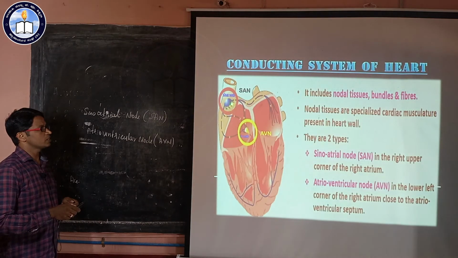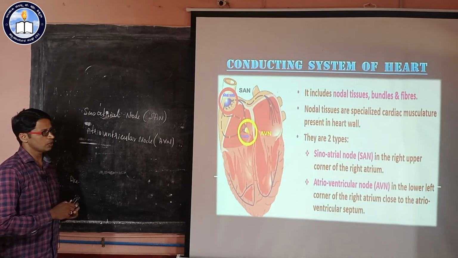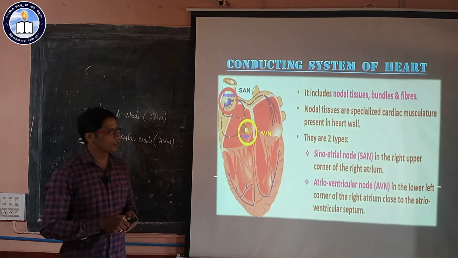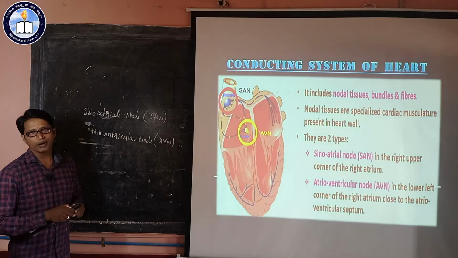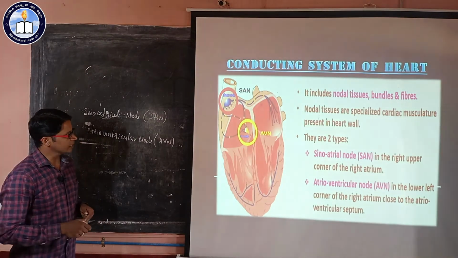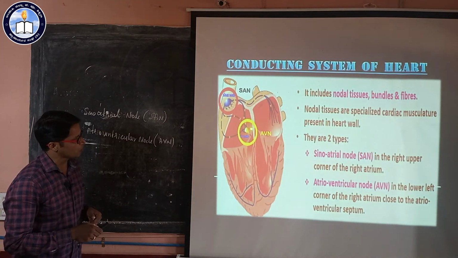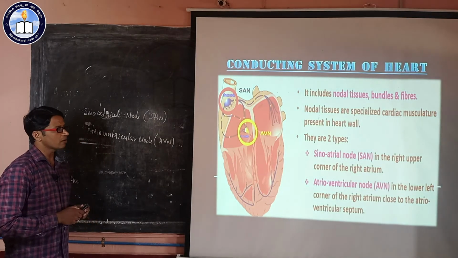So the sinoatrial node is present in the right upper corner of the right atrium. And where is the atrioventricular node? This atrioventricular node is present in the lower left corner of the right atrium.